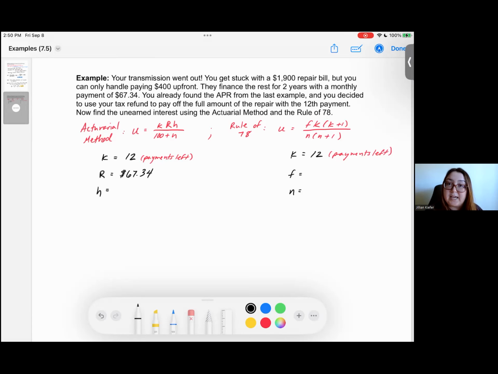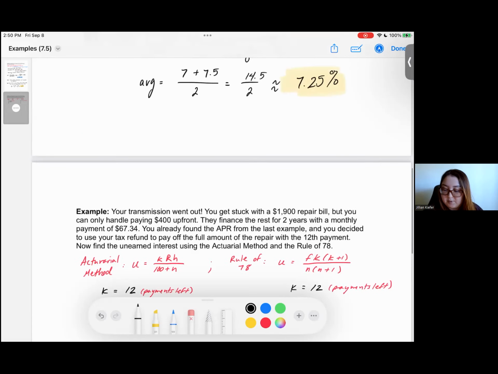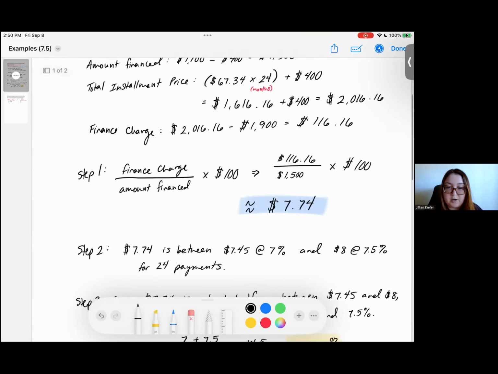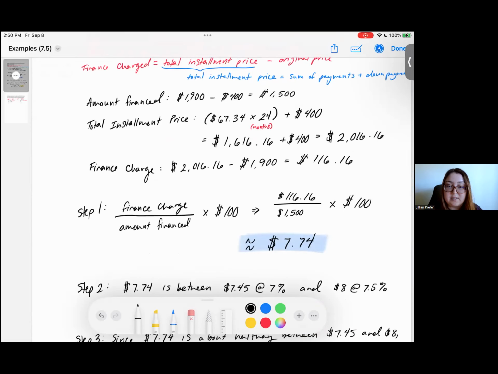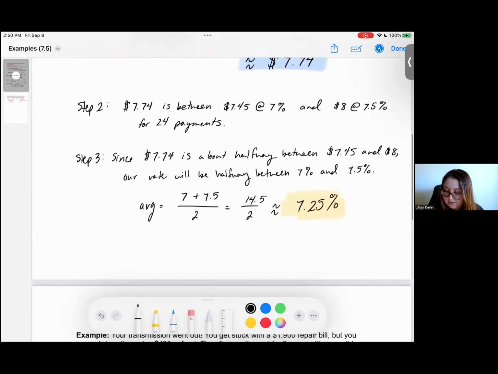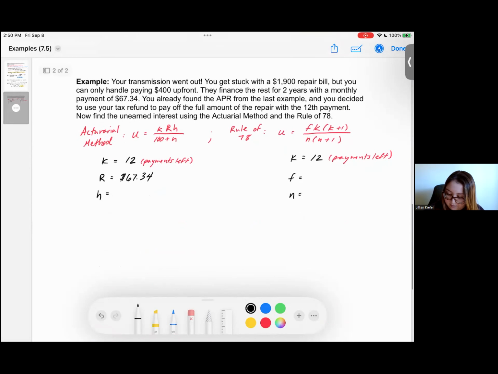We found that on our last example. Our last example told us the finance charge was $116.16. Right in here. So that's our finance charge. So we'll fill that in for F: $116.16.